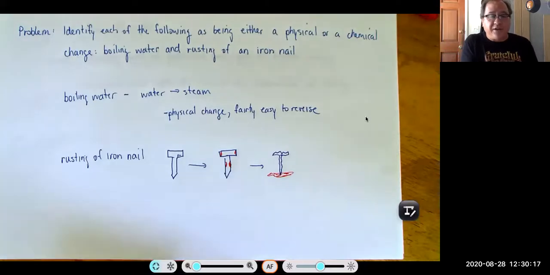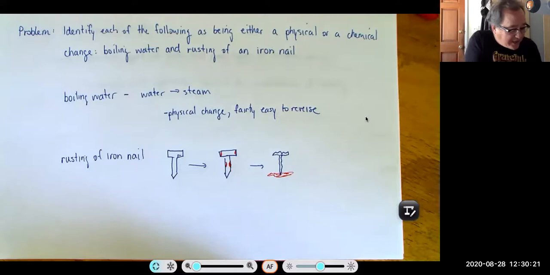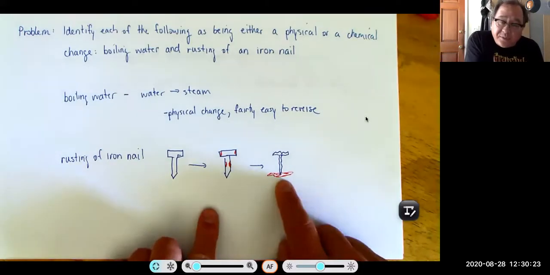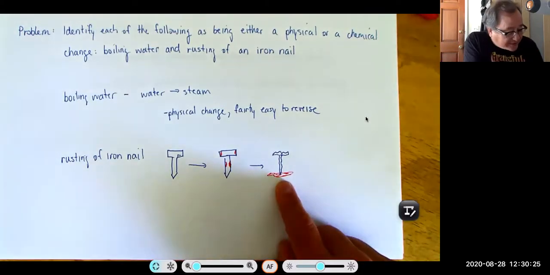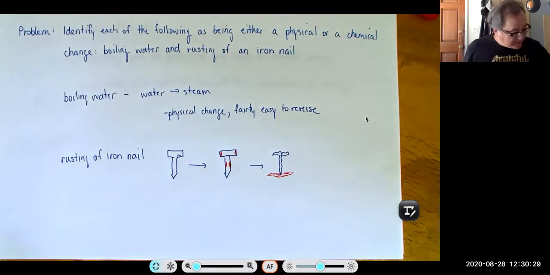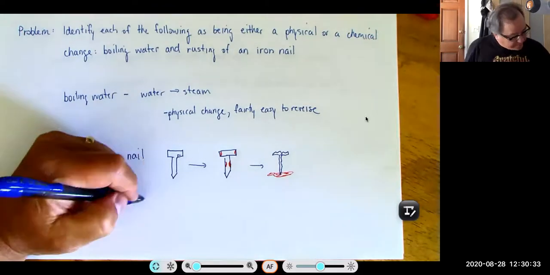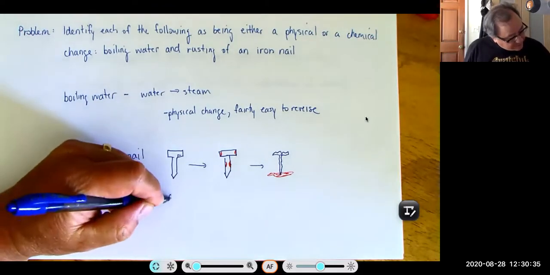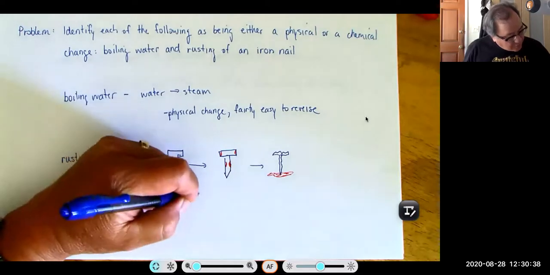So notice here, I'm even looking at physical properties to see if it's a chemical change. This reddish material does not have the same properties as the original nail. So this, we're going to say, is a chemical change. Why?